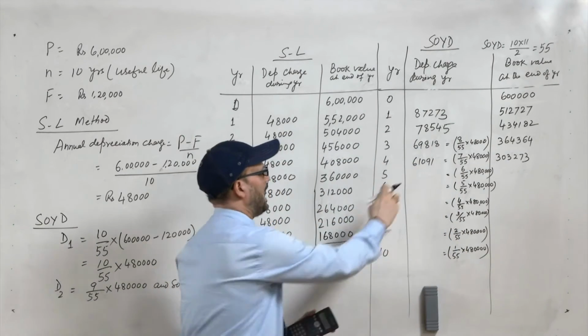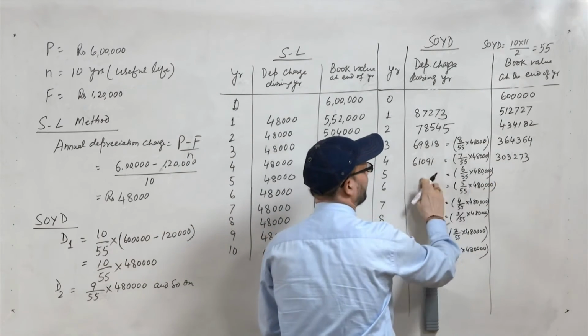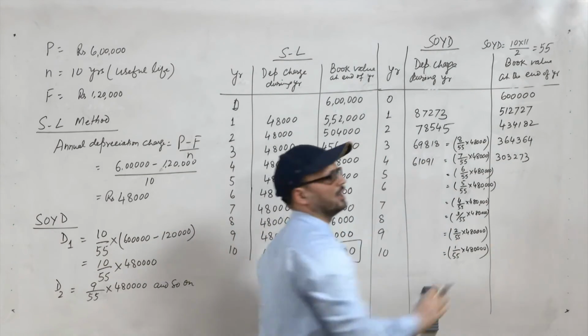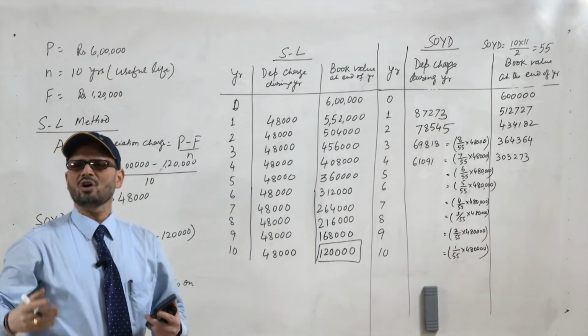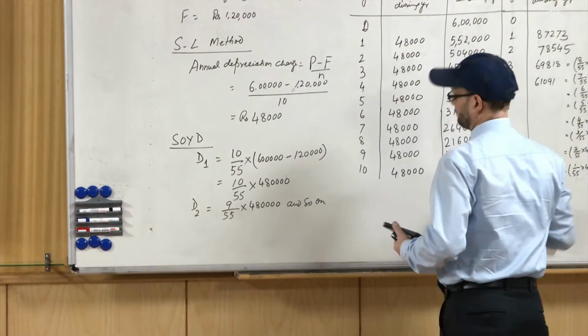Once we have the depreciation amount, it can be subtracted to get the book value at that time. This is how you solve the depreciation problem based on SOYD.